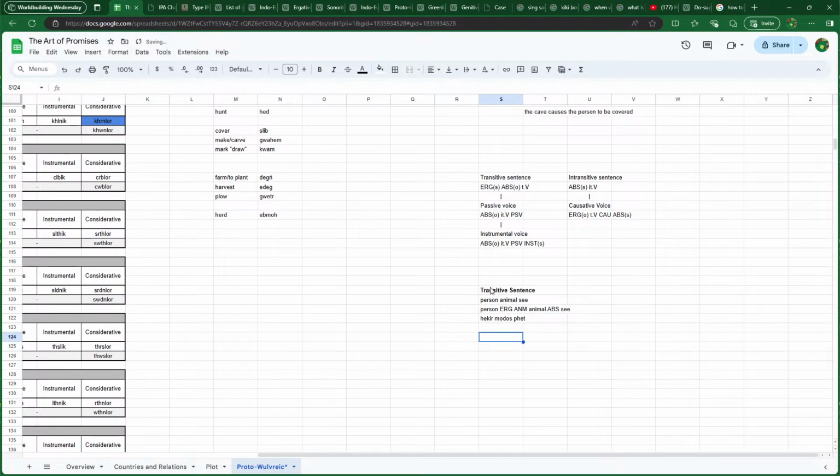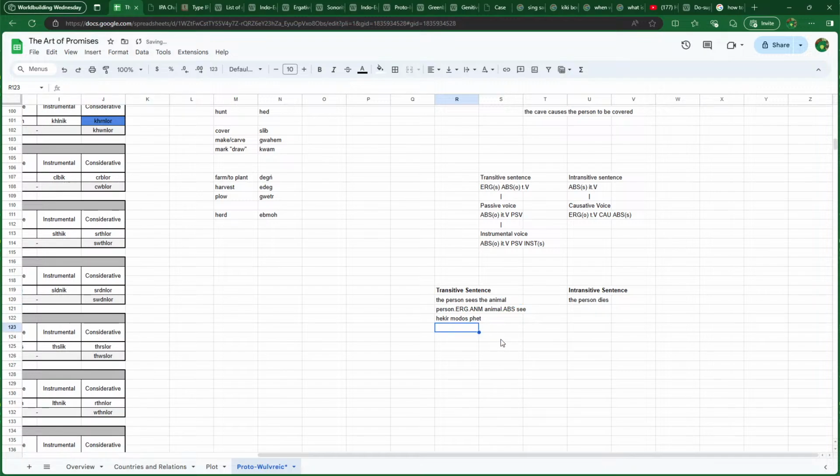Okay. Next, we have the intransitive sentence. I will also put this in bold. We can write this as the person dies. The person sees the animal.